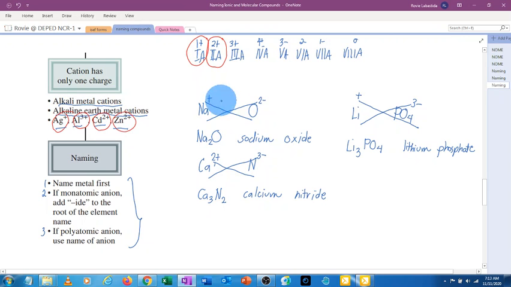Let's use zinc. So zinc ion, Zn2 positive, and let's have another polyatomic anion, which is, let's say we have this one. Alright, SO3 2 negative. Let us derive first the chemical formula.